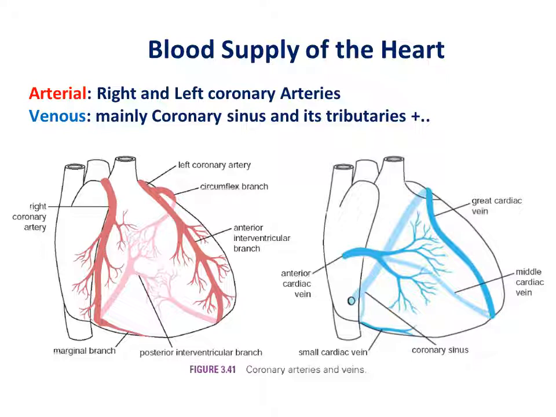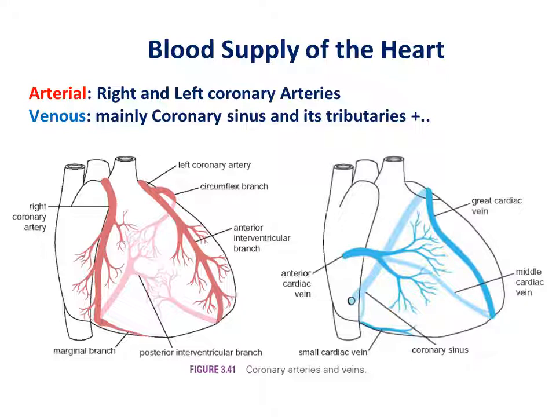The heart generally has two main arteries, the right and left coronary arteries. For the venous drainage, the main sinus of drainage of the heart is the coronary sinus.